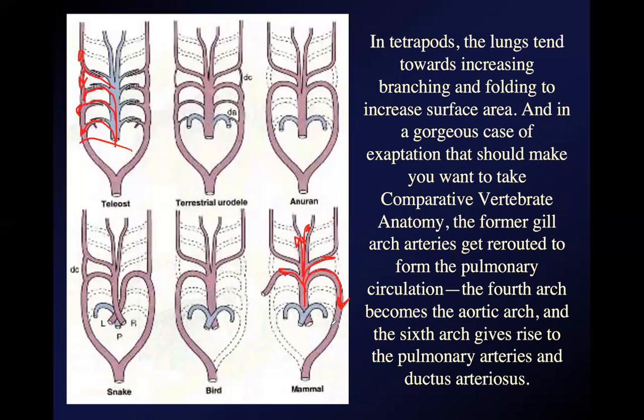If it doesn't, the baby may have much less efficient respiration. They used to call these blue babies because they couldn't oxygenate their blood properly if the ductus arteriosus didn't shut. But that ductus arteriosus right there is just another remnant of what used to be the artery of the sixth gill arch.